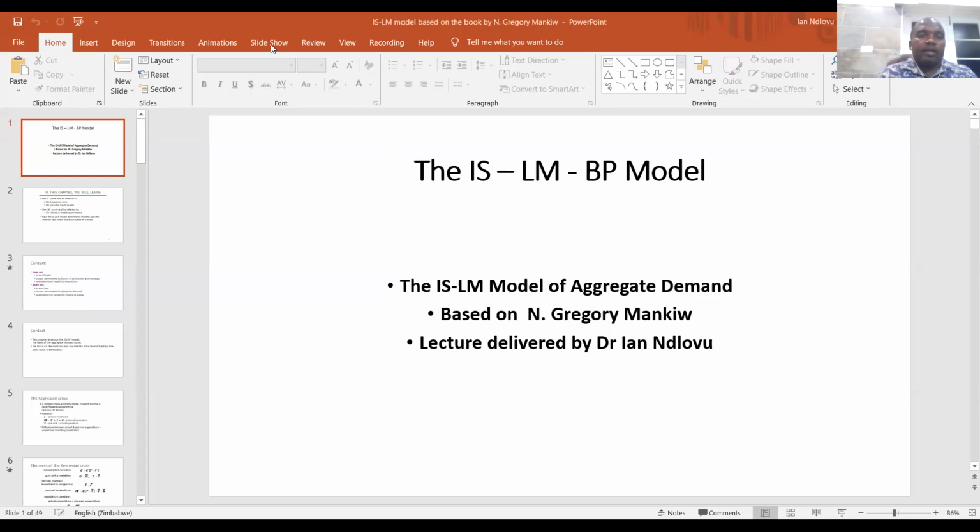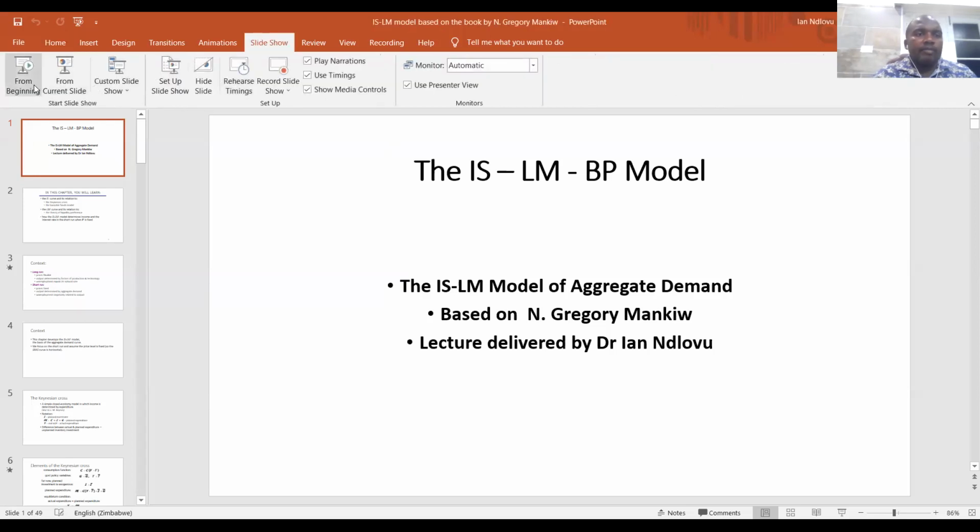So we are covering the IS-LM-BP model, but the BP part will just be covered intuitively.